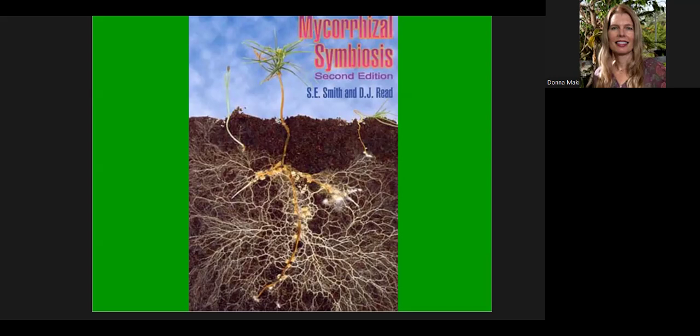And then most of what you're seeing, that kind of whitish, more skinny look to it, that's the fungal hyphae.